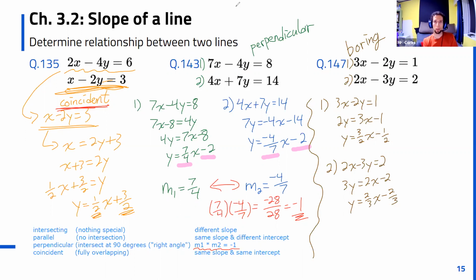All right, we have different intercepts. So here, negative 1 over 2, negative 2 over 3, different intercepts. So nothing special happening there. If we look at the slopes, we have 3 over 2 and 2 over 3. They are reciprocals, but they're not negative reciprocals. They have the same sign.